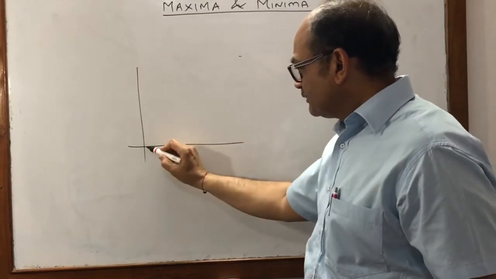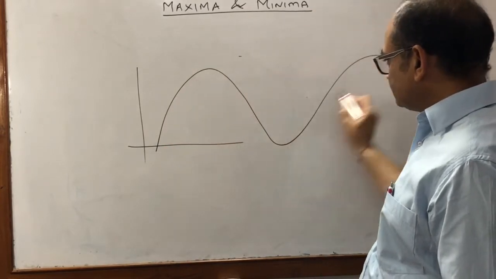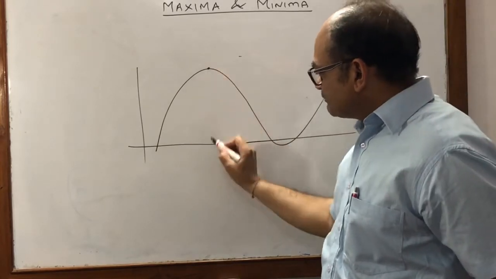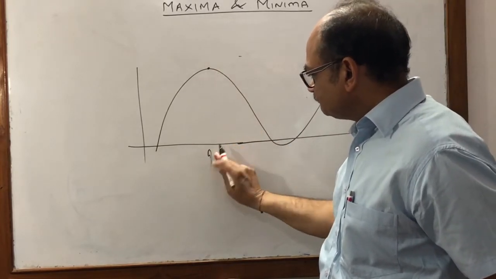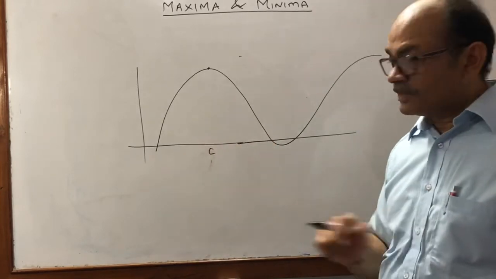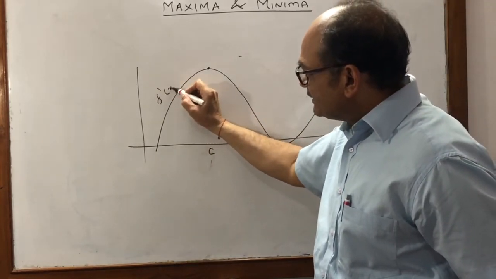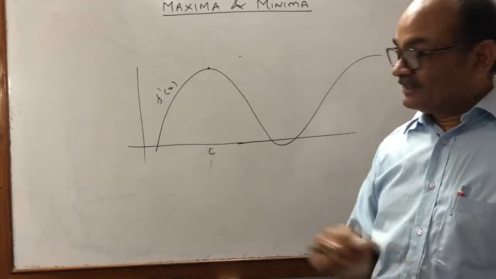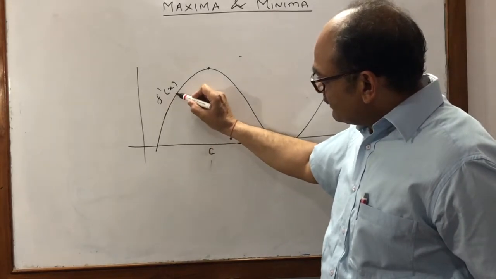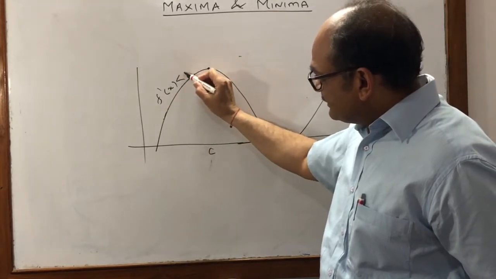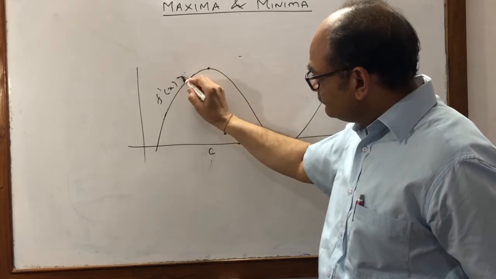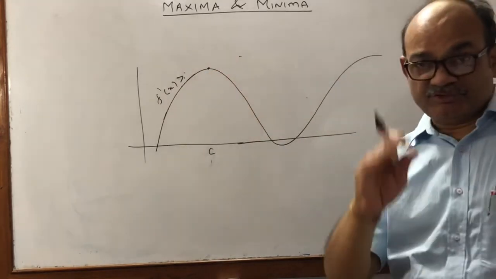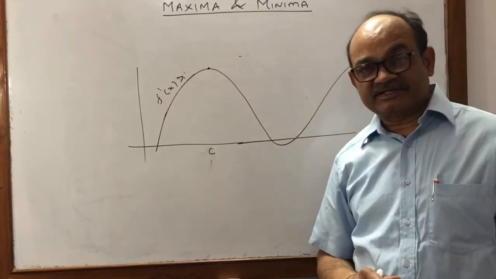Suppose a curve is like this, and this point is, by the way, C. At this point, for f dash x, same as in increasing and decreasing, at any point before it f dash x is more than 0, because this function is increasing, which we have already completed in the topic increasing and decreasing.